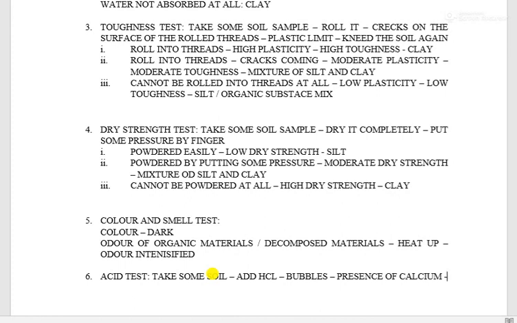That means if some bubbles come out after adding concentrated HCl, or hydrochloric acid, then you have to conclude that the soil has calcium, and obviously that soil is not high plastic soil.